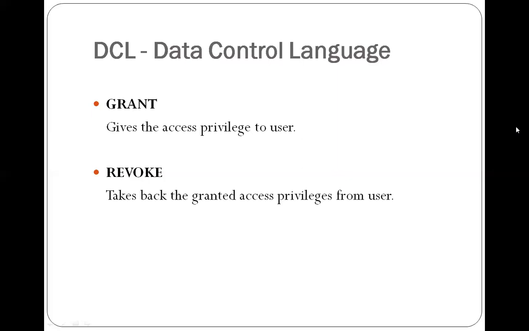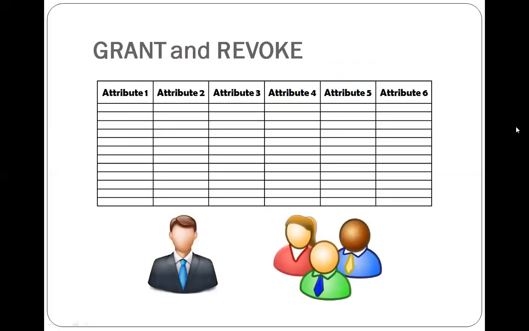Now, how do we give access permission and withdraw those permissions? We can consider an example. Now, suppose this is a table. There are 6 columns or attributes. Now, this black suit person is a database administrator, and there are 3 other users: red, green, and blue.